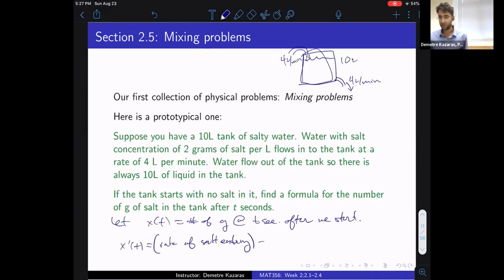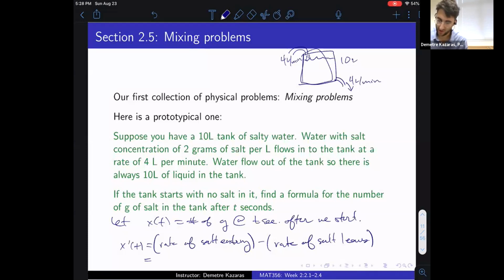And then there's a negative effect from the salt leaving the tank, that 4 liters per minute leaving the tank. So minus the rate at which salt leaves the tank. All right, so now let's figure out what each of these is. We already mentioned the first one, the rate at which salt enters the tank.